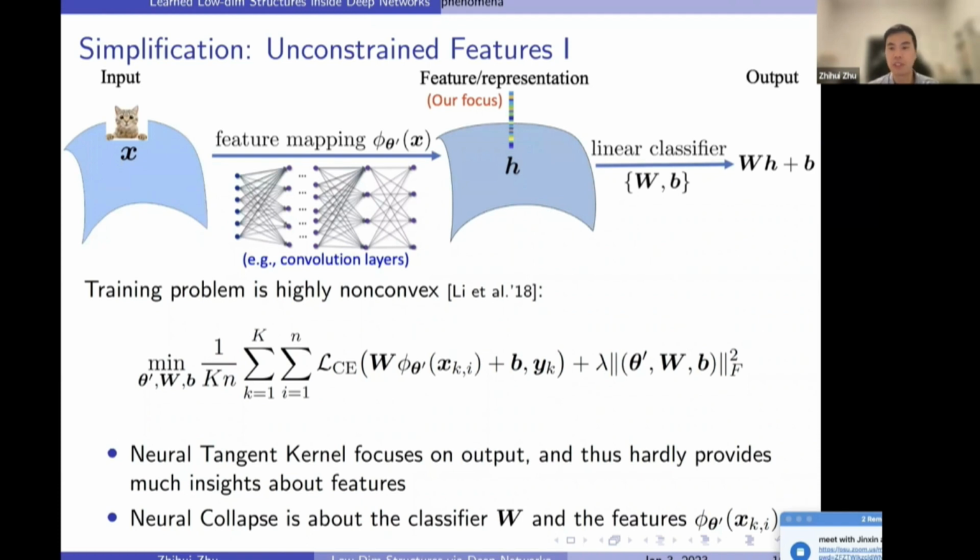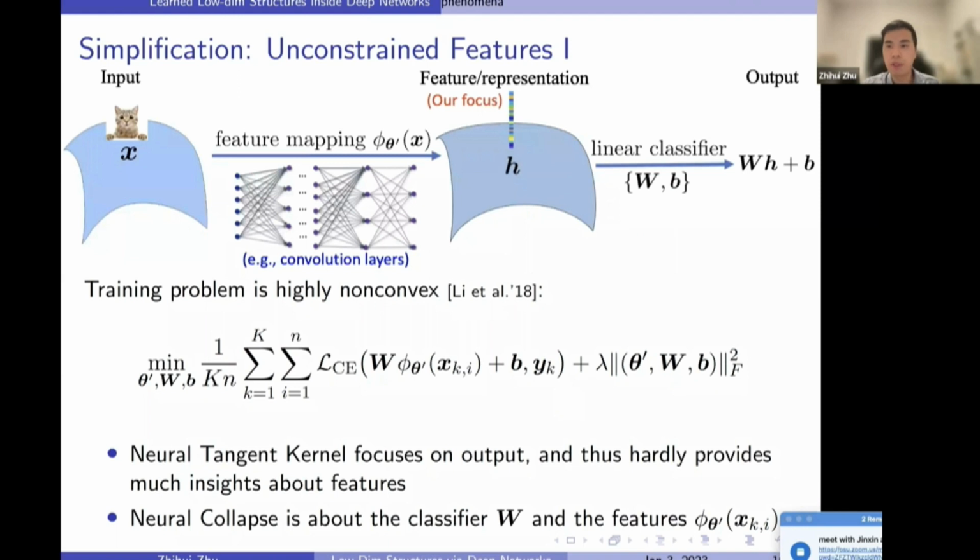However, this problem is usually highly non-convex, and it is hard to analyze and even to prove its convergence to the global minimum. The neural tangent kernel analysis can guarantee that if we minimize the training loss, the training error will converge to zero. However, we know that the neural tangent kernel corresponds to lazy training, which is different from what neural collapse actually predicts.